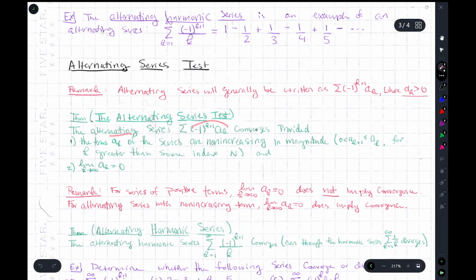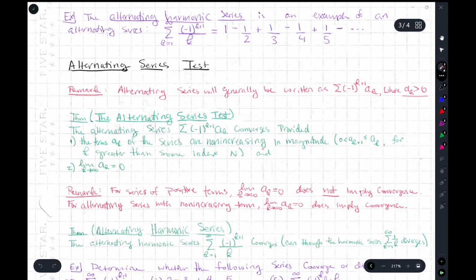The alternating series converges provided we meet two conditions. Okay, the first is that the terms a_k of the series are non-increasing in magnitude. Okay, they're non-increasing. So, the terms are positive, as we said before, and each subsequent term is less than or equal to the previous term.